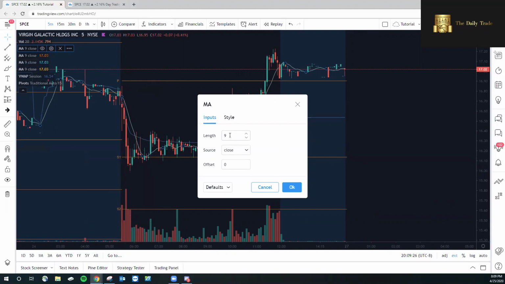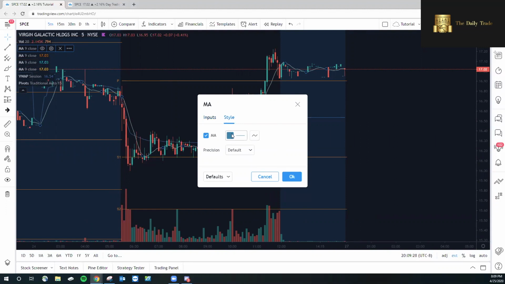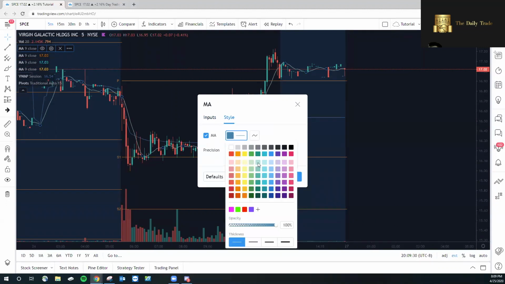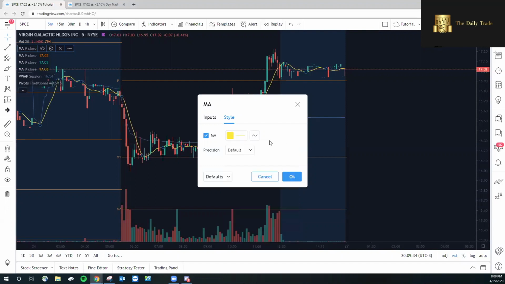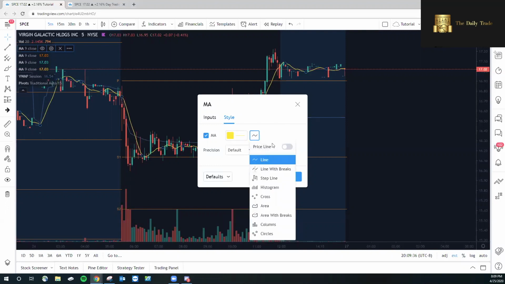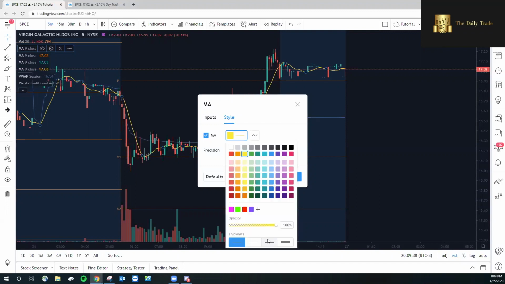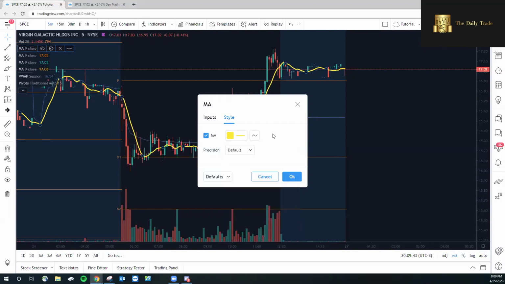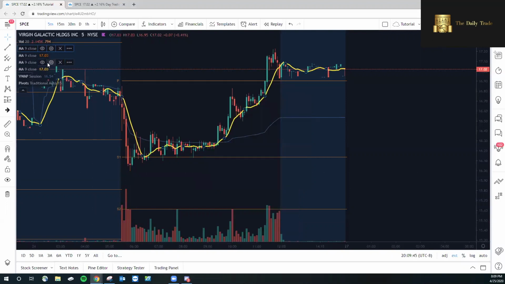So it's going to stay the 9-day. We're going to go ahead and change this to a nice yellow. Leave it as line, but we're also going to change this to make it a little bit easier to see when we're on the charts.